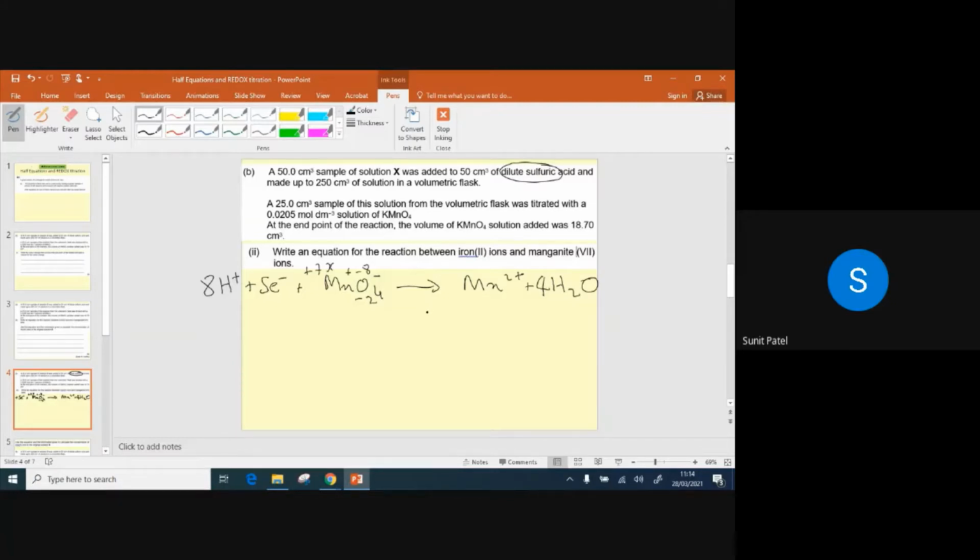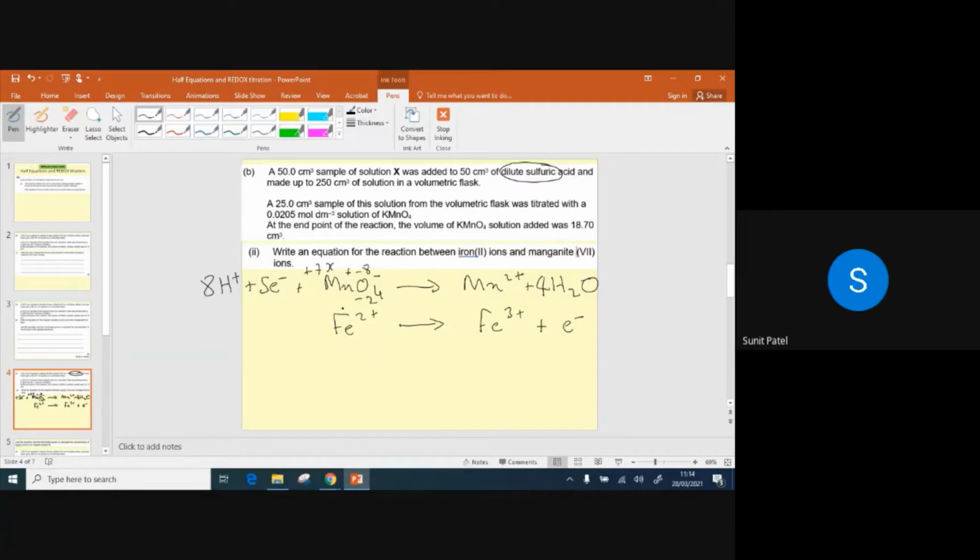Let's go to the next half equation here. Draw the arrow in. Now this was involving iron 2+ ions. So here we go. We start off with iron 2+ ions going to iron 3+. Again, you must be aware that that happens. Now, one quick trick here, and I use it all the time, is, well, if electrons are on this side of the arrow for the first half equation, they must be on the other side of the arrow for the second half equation.